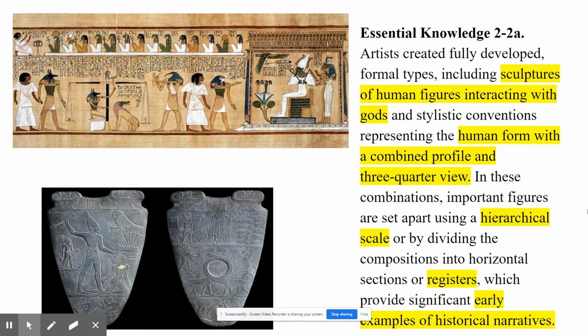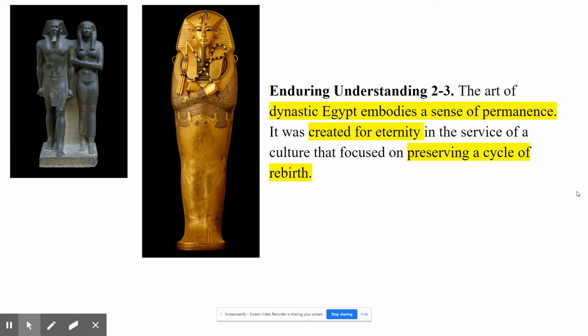So if we look at the next one, we see that the art of dynastic Egypt embodies a sense of permanence, right? Because remember, much of this artwork was created for the afterlife, for eternity, and so it has to last. And so there is a suggestion of a heavy permanence with that. So we mentioned that with respect to the materials used in King Narmer and Queen, that really hard gray stone, which is just going to last.